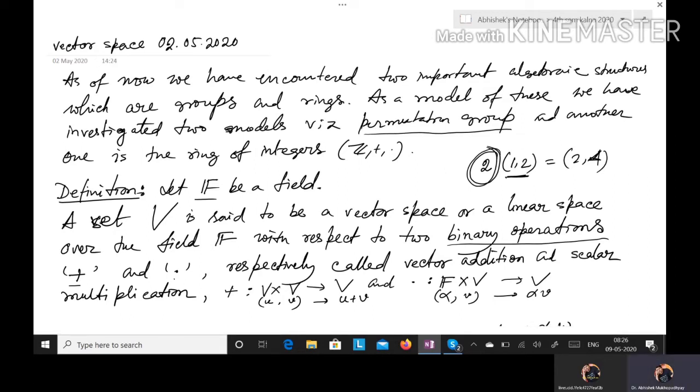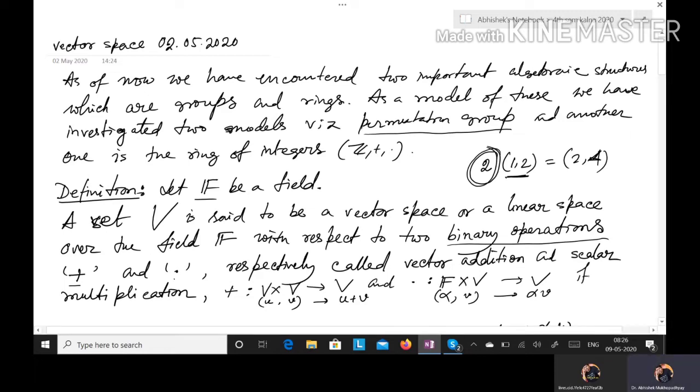V is said to be a vector space over the field F with respect to plus and dot, where plus is a map from V cross V to V by the rule (u, v) goes to u plus v, and dot is a map from F cross V to V by the rule (alpha, v) goes to alpha v.